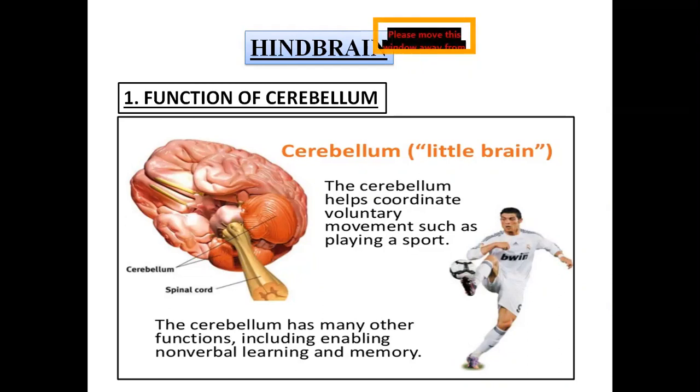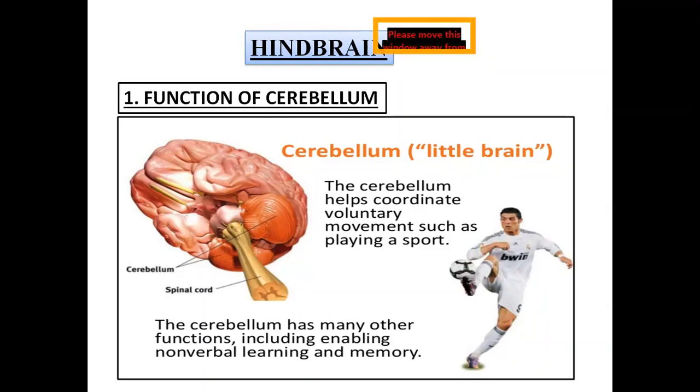All these things are regulated and coordinated by our cerebellum. It also controls the center for posture and balance, and controls the skeletal muscle activities in our body. Also, it receives information from sensory systems, the spinal cord and other parts of the brain, and regulates motor movement.